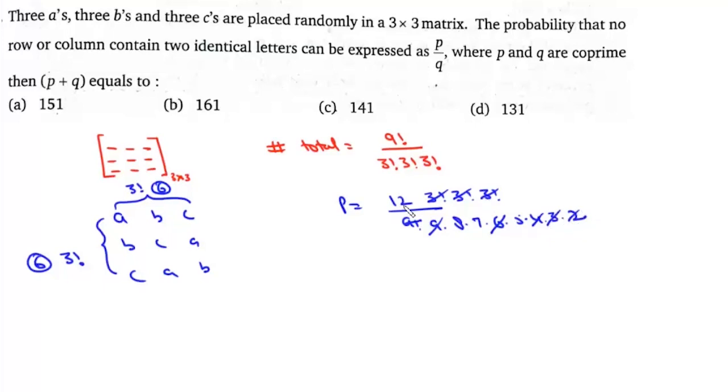Now this is 6, 2 and 4. So this probability will be 1 by 140. Now it is of the form P by Q. So the value of P plus Q is 141 and that's your option C.